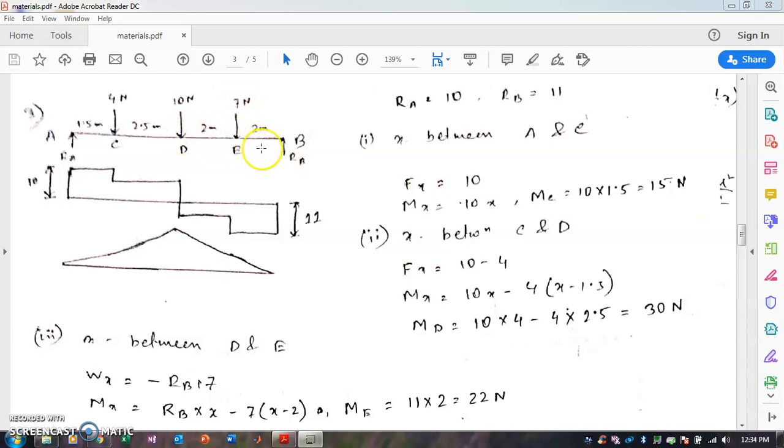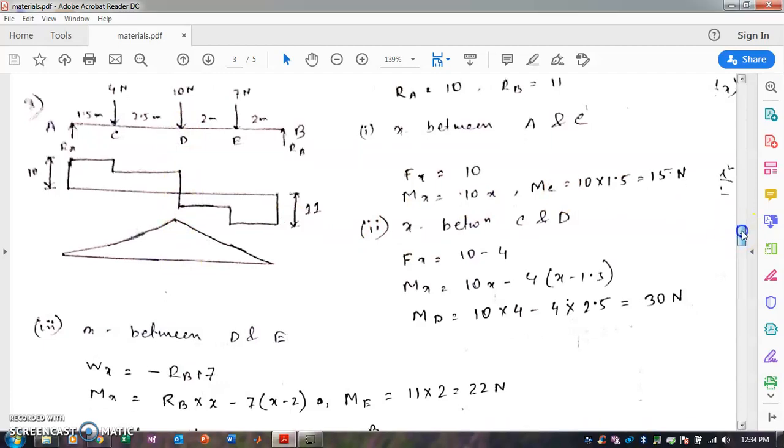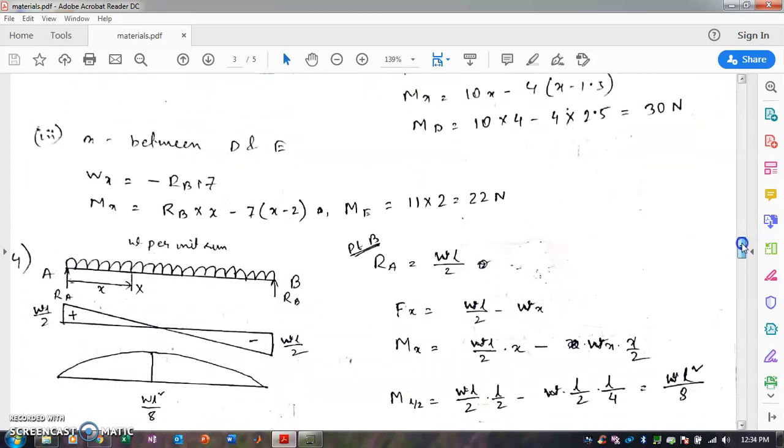So at D it will be RB into 4 minus 7 into 2. And if we calculate from this side, at C it will be RA into 1.5, and at D it will be RA into 4 minus 4 into 2.5. So we can calculate all the bending moments at different points, and it will change linearly.